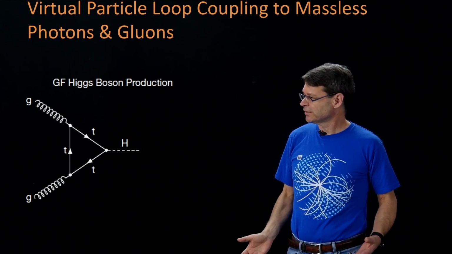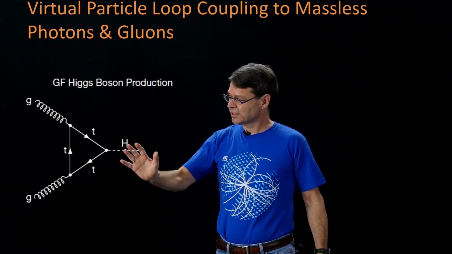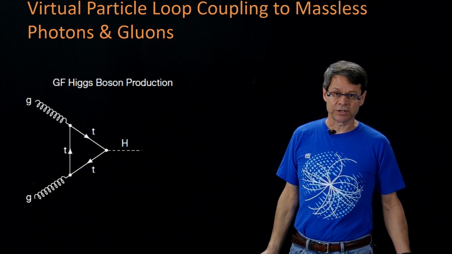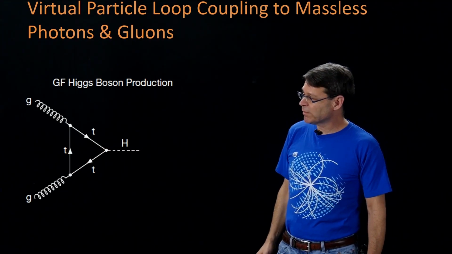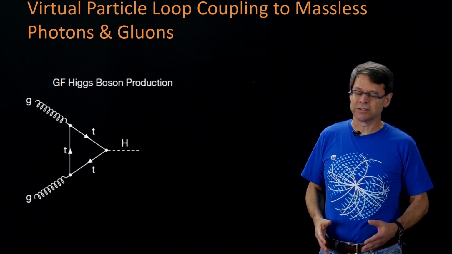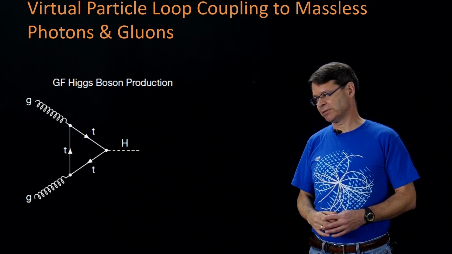That's going to dominate. Higgs likes to couple to top quarks because they're heavy. Gluons will couple to top quarks because top quarks have the color charge of QCD. So no problem. It might be suppressed a bit because it's this loop in the calculation, but you can have gluons couple to the Higgs, even though the gluons are massless.